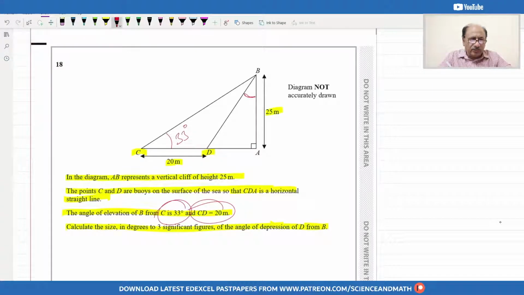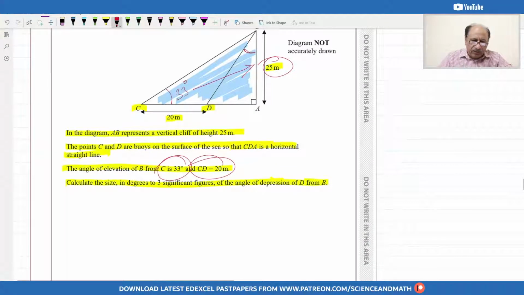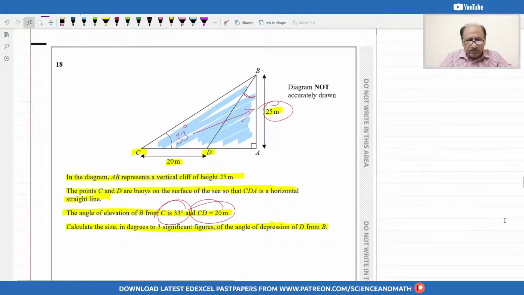First of all we need to consider this whole triangle, and we have to take AB as opposite, which is 25. So this will be 25, and adjacent AC we will be finding, and we will be considering the other triangle, which is ABD.